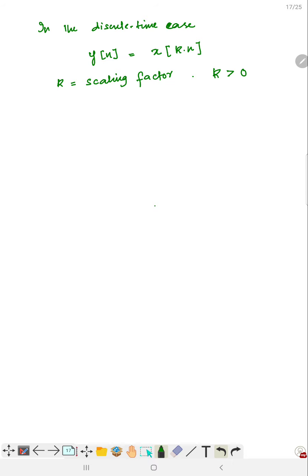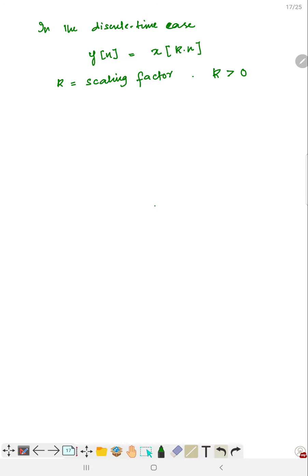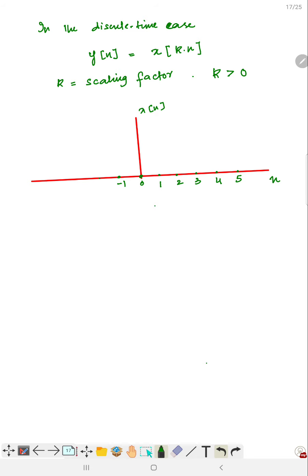Okay. So if I take a typical example, I will randomly plot a discrete time signal here. This is my amplitude axis, and this is my time axis, but a discrete one. This is n, this will be x of n. Then there are discrete points: this is 0, let this be 1, 2, 3, 4, 5, and we can also go along the negative axis.